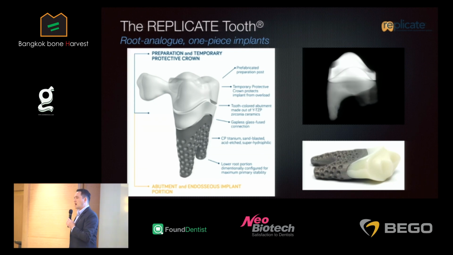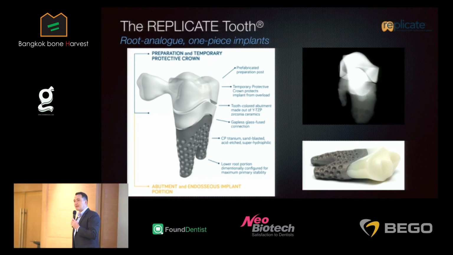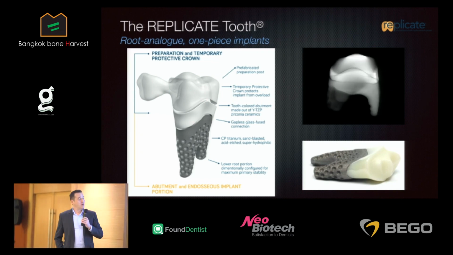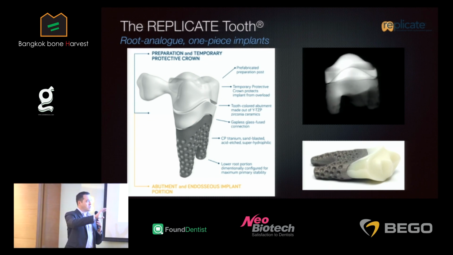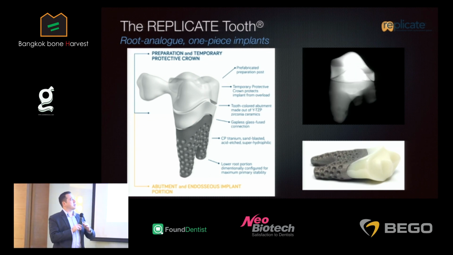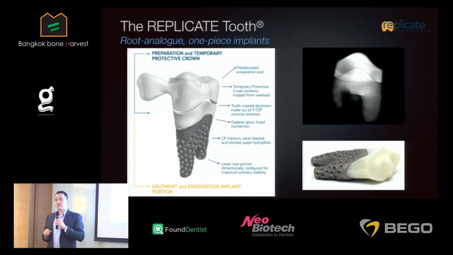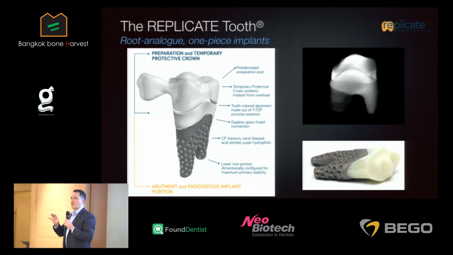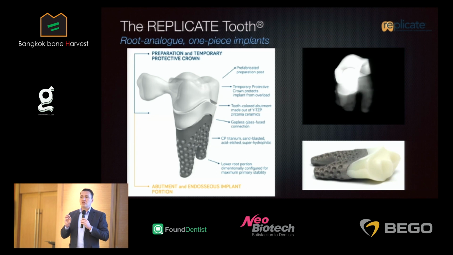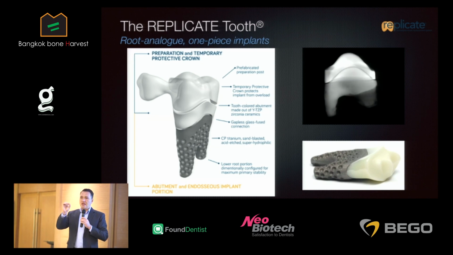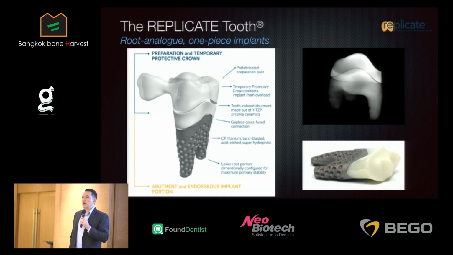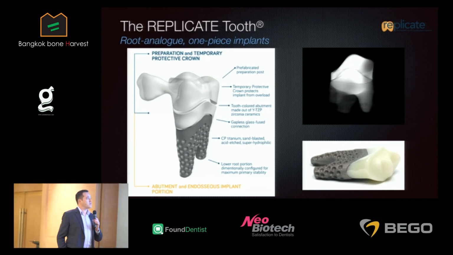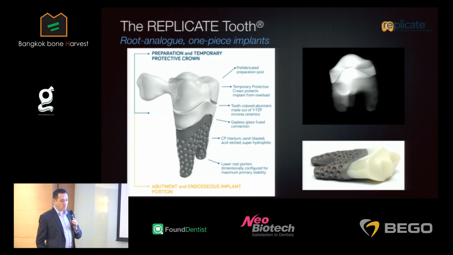As I said, it's a hybrid one-piece implant made out of medical grade 4 titanium with surface treatment, which I will explain later, and a connected abutment. So this is one piece. They have been soldered together with a glass fused layer at very high temperatures. That means there is no screw connection and also no cementation between those two parts.